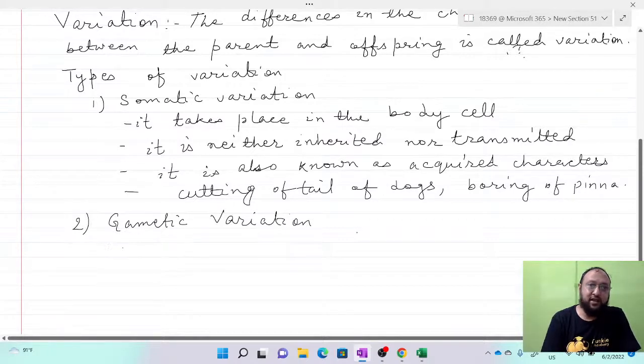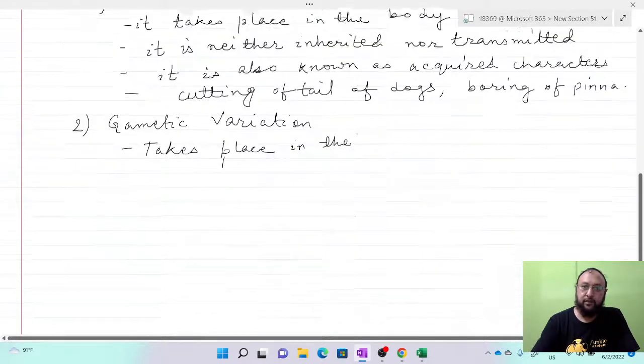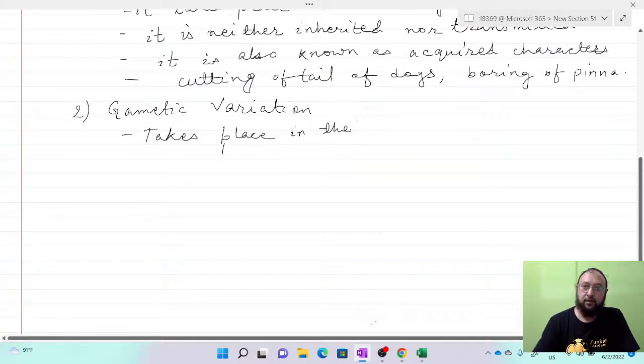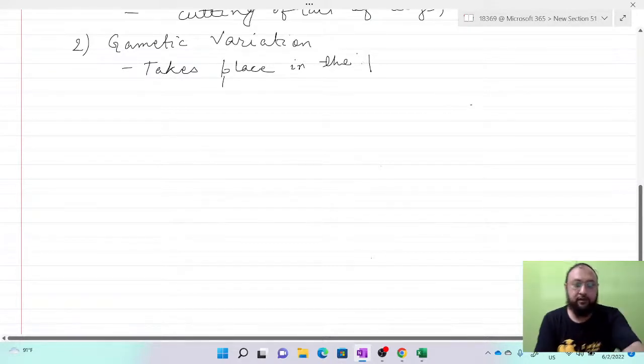Okay. The change takes place in the gamete, and hence it is not absorbed in the phenotype. In the individual, it takes place in the gamete.